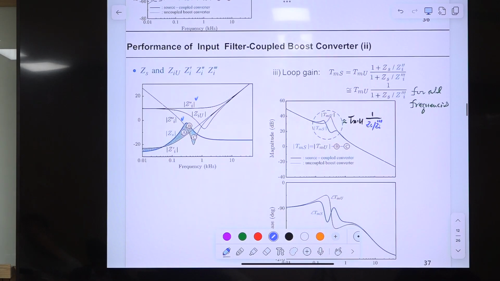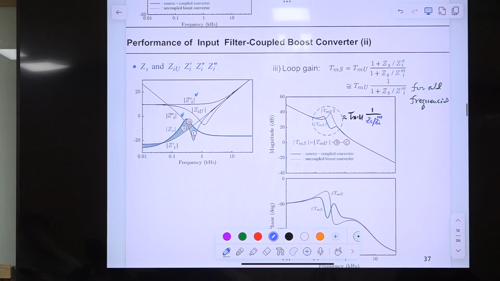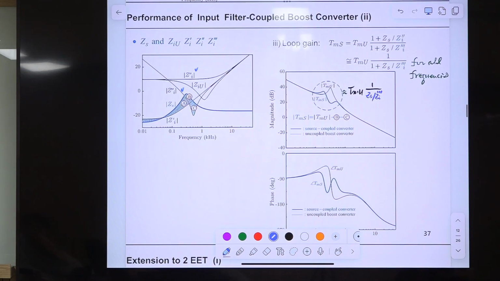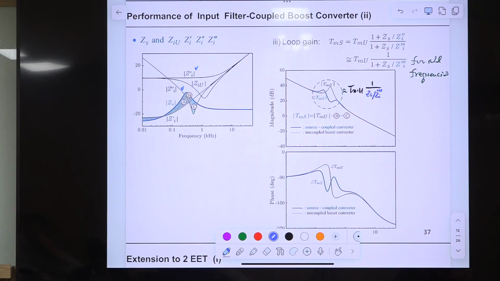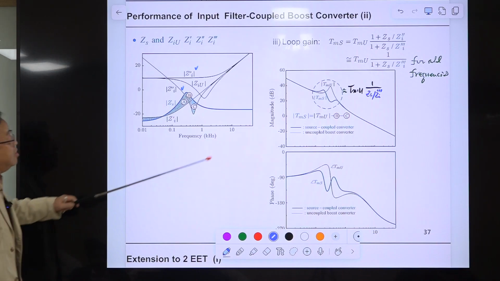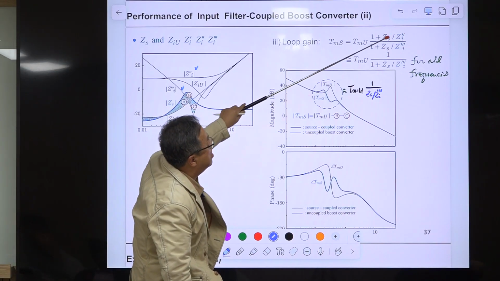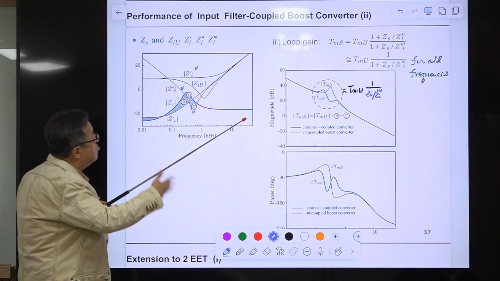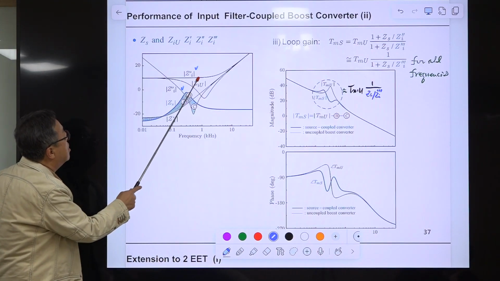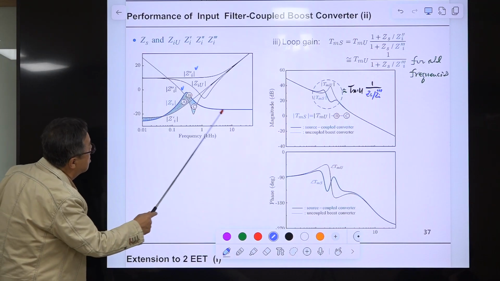Another one is the loop gain. Let's take a look at the loop gain expression. We have this, right? But this is much larger than GS. That is always true. This is large, and GS is coming here like this.